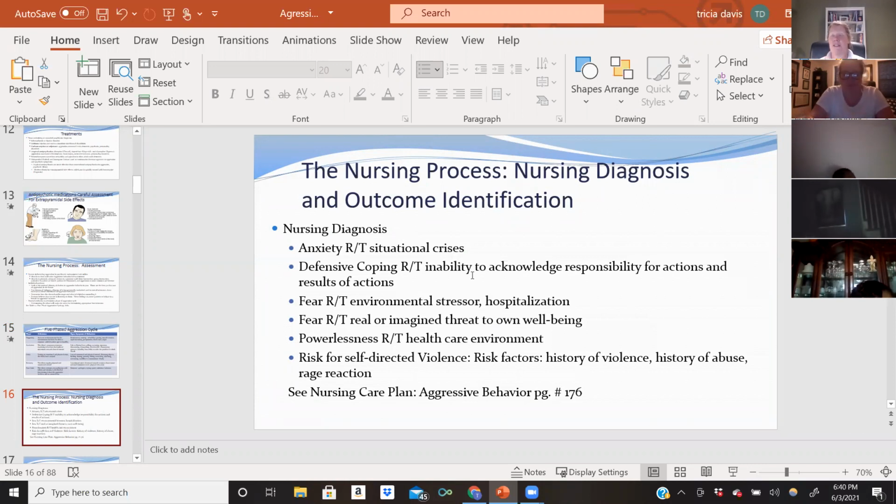So those are our patients that have the auditory hallucinations, the visual hallucinations. Powerlessness related to healthcare environment, and then risk for self-directed violence. So we know those risk factors are going to be the history of violence, a history of abuse, and rage reaction.